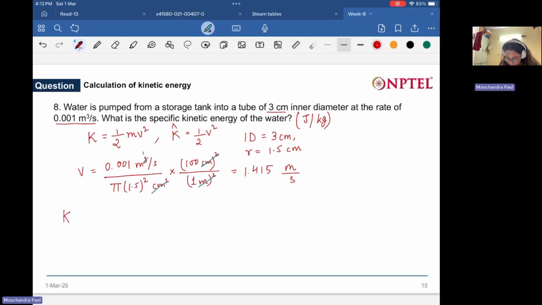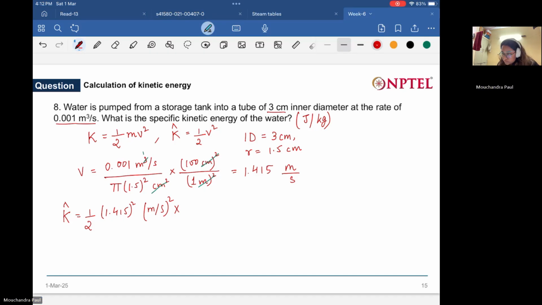So specific kinetic energy is equal to half V square, which is half of 1.415 square meter per second square. Now we have to get the answer in units of joules per kg.